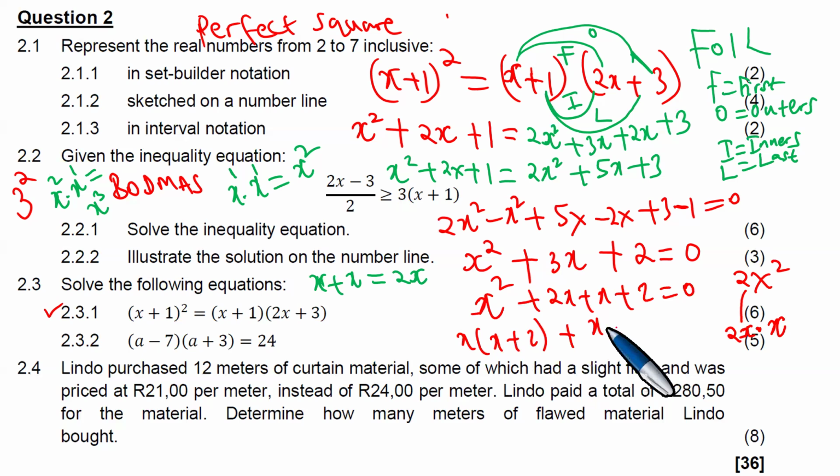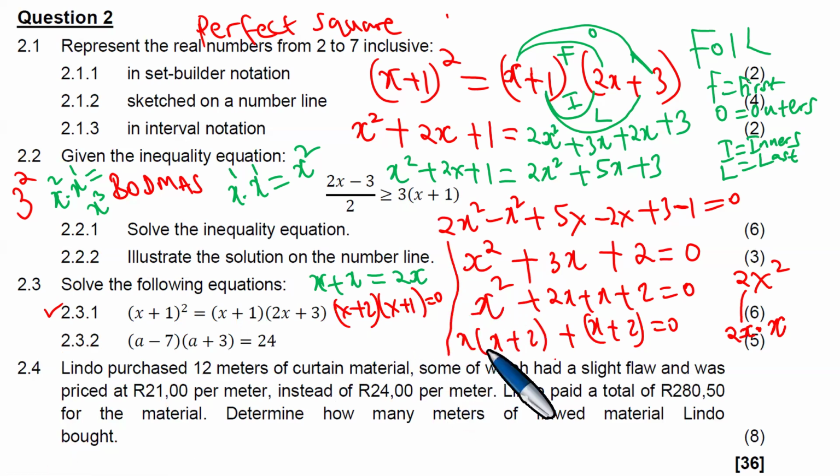X plus 2, x plus 1. Okay, so we divide the board like this. And then it means the factors of x squared plus 3x plus 2 are x plus 2 in brackets times x plus 1.